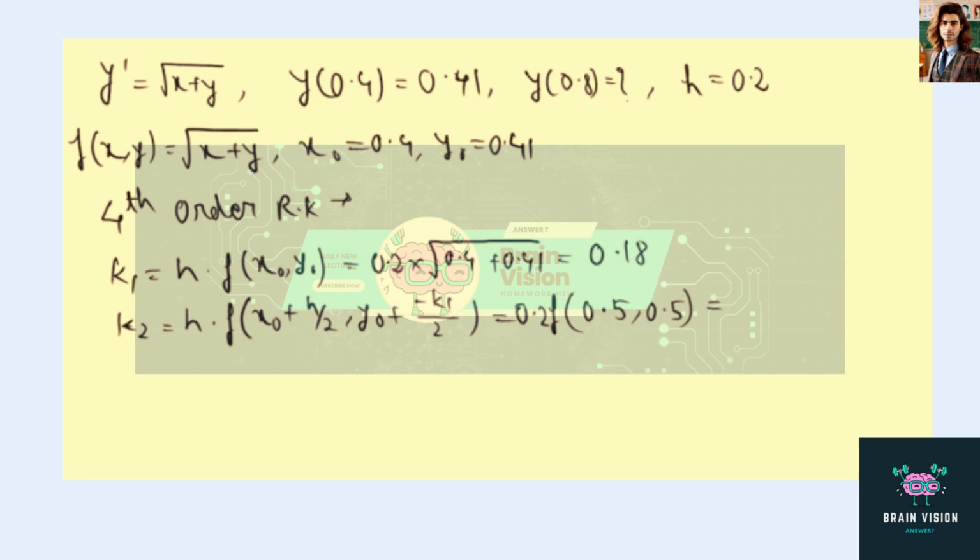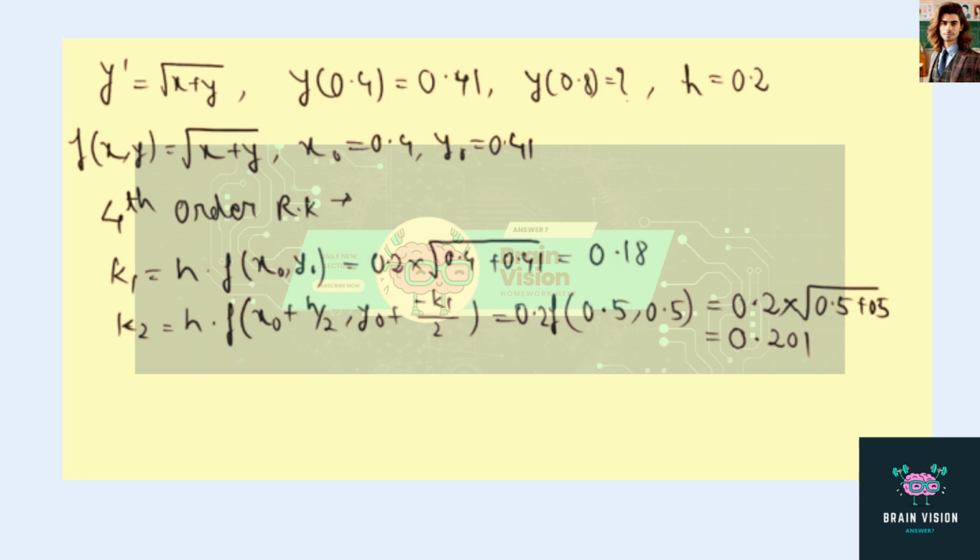So if we put these values into root over 0.5 plus 0.5, finally we would have this value of k2 as 0.201.